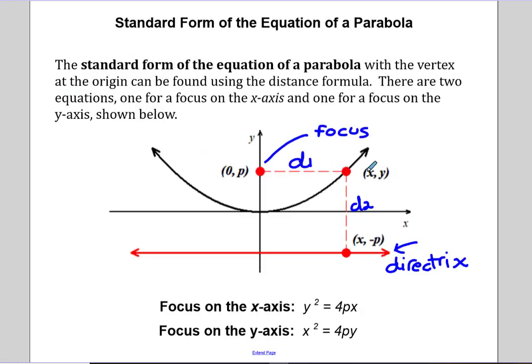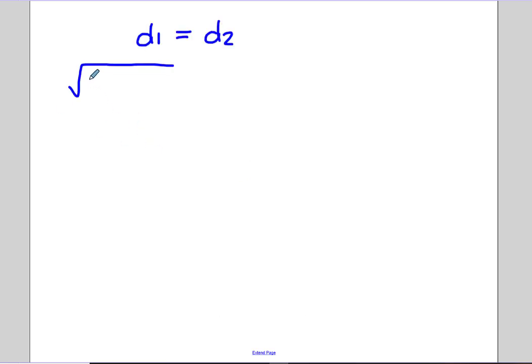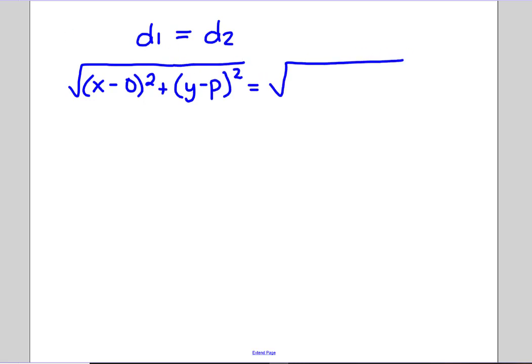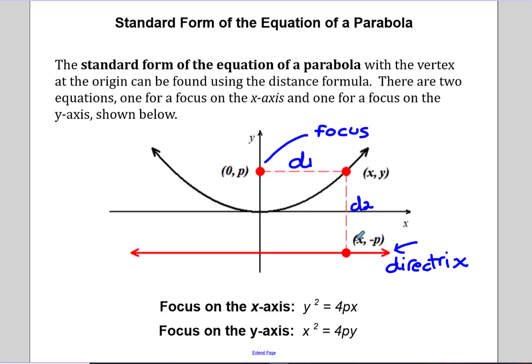So using a clean sheet of paper, if distance 1 and distance 2 were the same length, and distance 1 was the ordered pair (0, p) and (x, y), then I can use the distance formula as the square root of (x minus 0) squared plus (y minus p) squared. That distance would be equal to the other distance, which was (x, y) and (x, negative p), or opposite p.